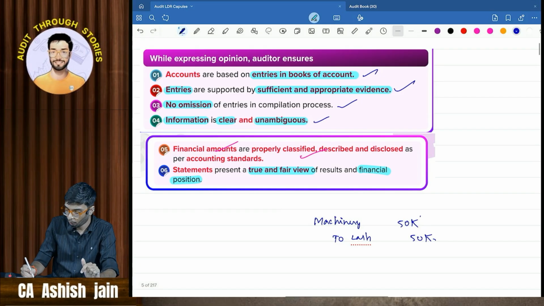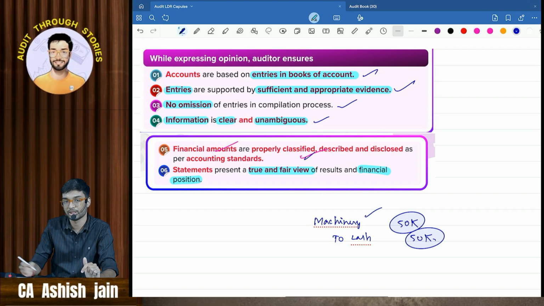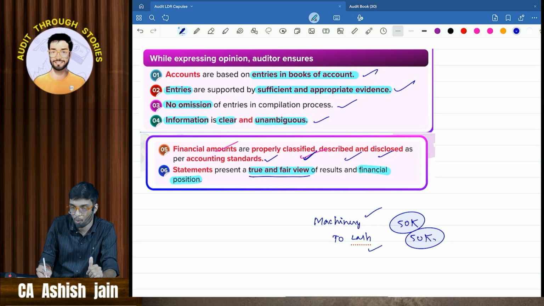Then the financial amount: 50,000 is the financial amount. This has to be properly classified, that means machinery has to be classified in the balance sheet under the asset side, and cash has to get reduced. This has to be properly classified, described and disclosed as per Ind AS or AS. Then the statements: whatever balance sheet and P&L management prepares must represent a true and fair view of results and financial position.